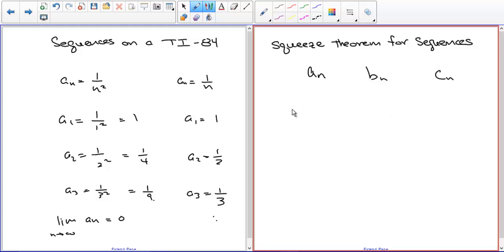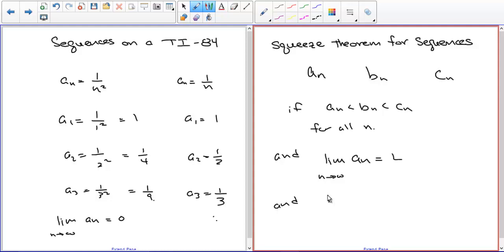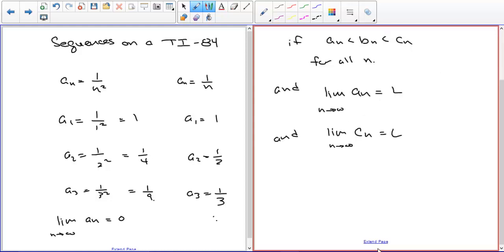And what we can say is that if A sub n is less than B sub n and B sub n is less than C sub n for all n, and the limit of A sub n as n approaches infinity equals L, and the limit of C sub n as n approaches infinity is equal to L, then the limit as n approaches infinity of B sub n is also L.